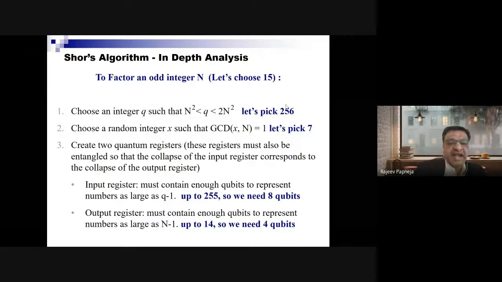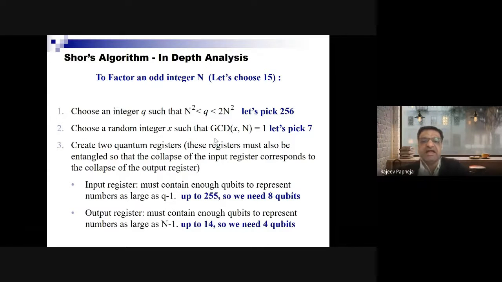And then we choose a random integer x such that the greatest common divisor of x and n is 1. Now n is 15, so we pick, let's say, 7. And let's create two quantum registers, and they are in an entangled state.